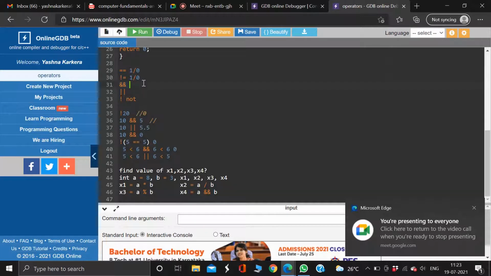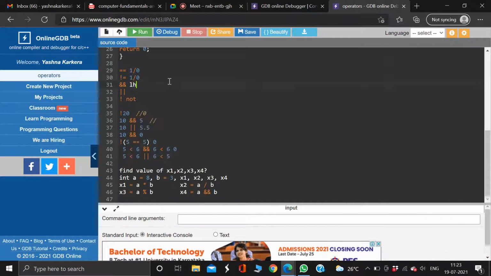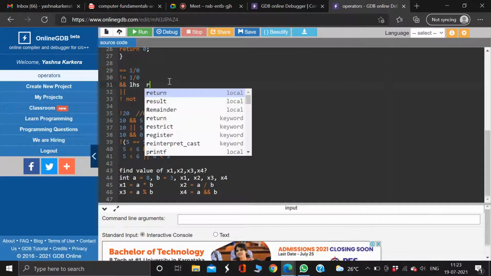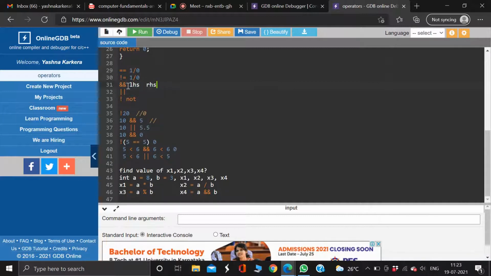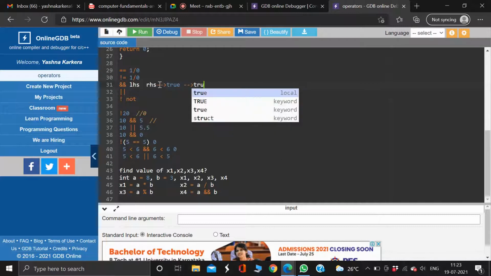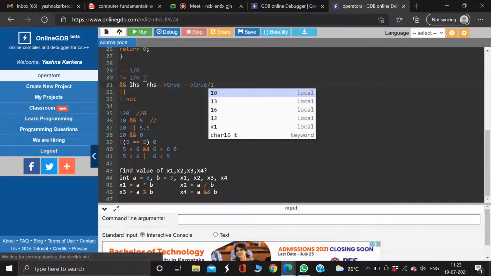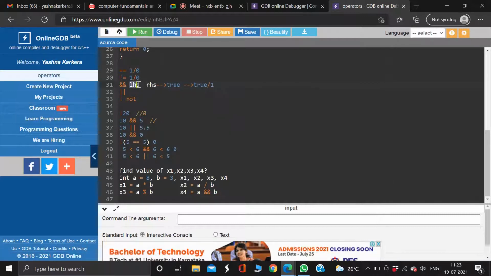So and means you need to check the conditions on both sides. Suppose you have LHS and RHS. If both LHS and RHS evaluate to true, remember that, then only this condition is going to be true. True means the output is going to be 1. If at least one becomes false, like if LHS evaluates to false, then this will be 0.